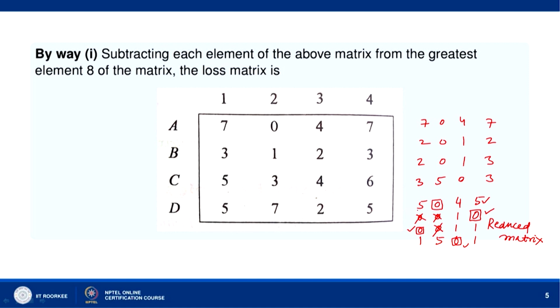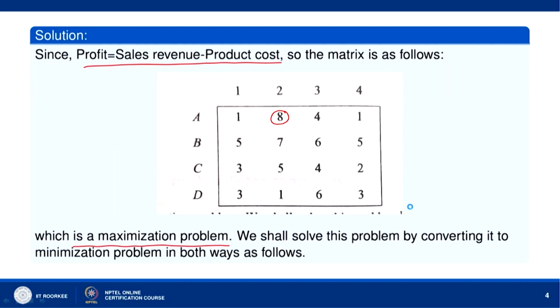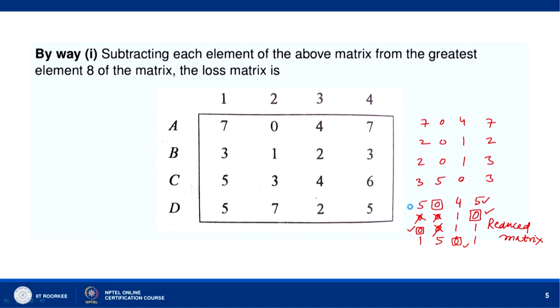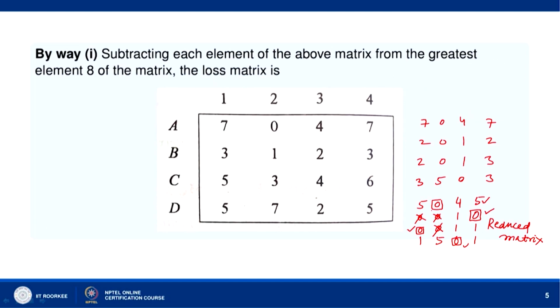So, this means that A, B, C, D plants are there, and products are 1, 2, 3, 4. So, plant A will produce product 2, plant B will give product 4, and plant C will get product 1, and plant D will get product 3.